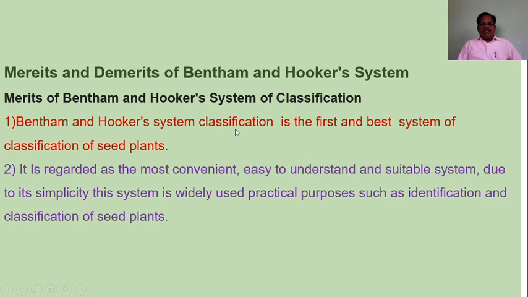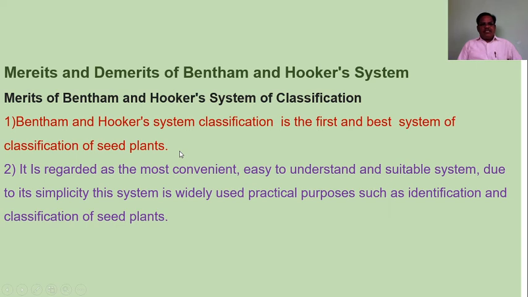Hence this is the best system, which was first proposed after the rejection of the artificial system of classification, and hence this system is very important from both the practical and theoretical points of view.